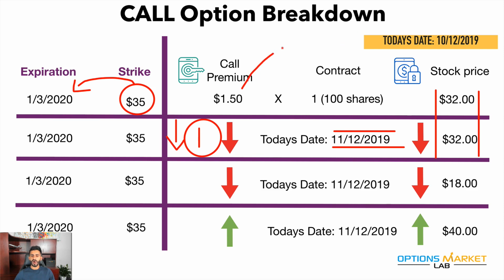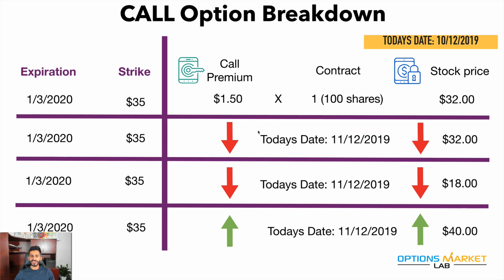When we bought this call contract for $1.50 on October 12th, there was more time. Now we lost 1 month. Since we lost 1 month, what has happened in that 1 month? In that 1 month, the stock's price stayed the same.